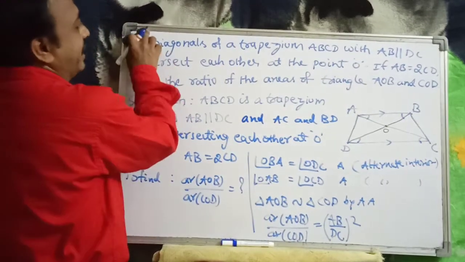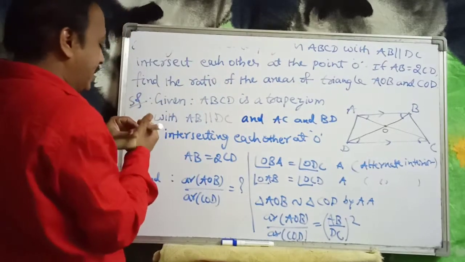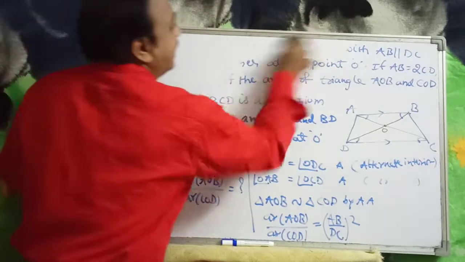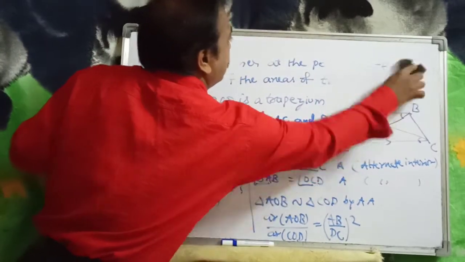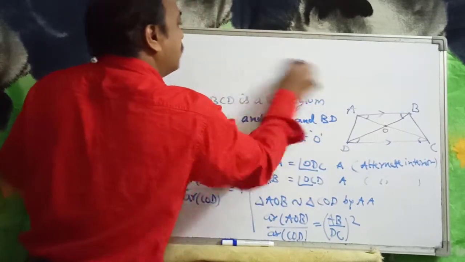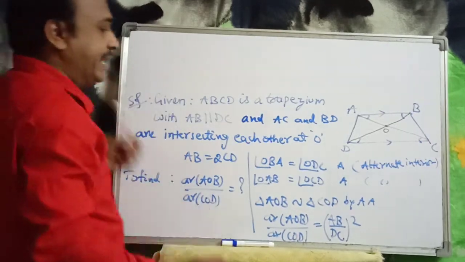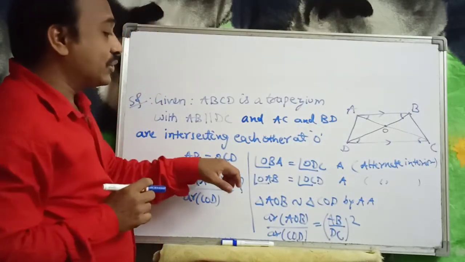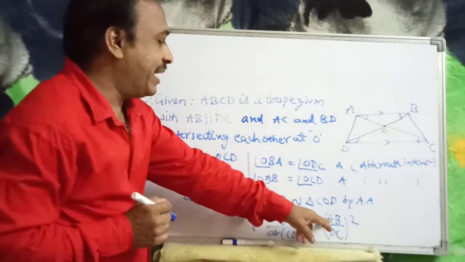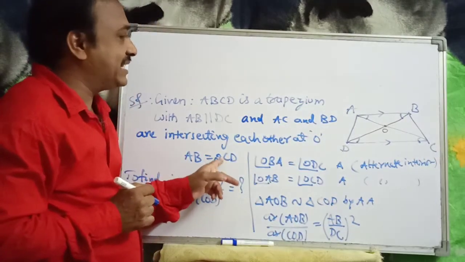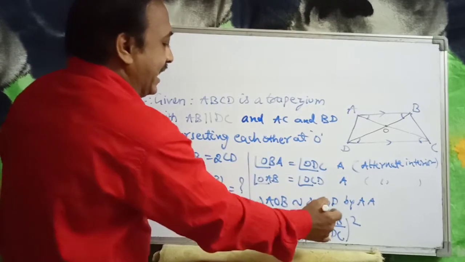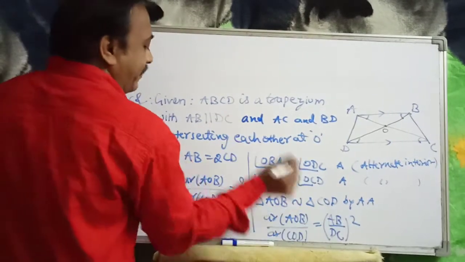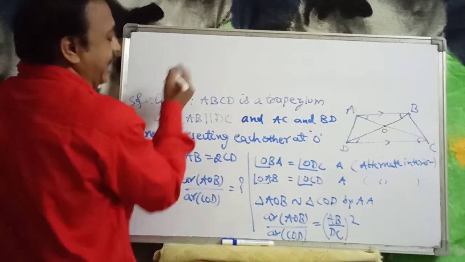Now observe it, the condition is given: AB is equal to 2 times of CD. CD or DC both are same. So in place of AB we can write 2 times of CD.